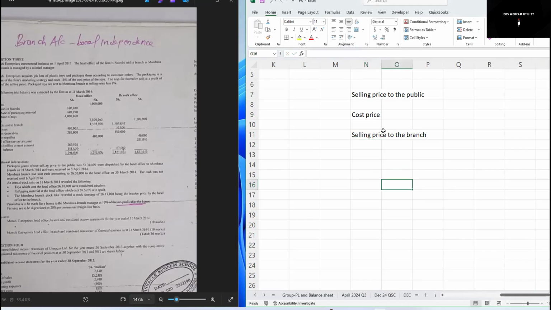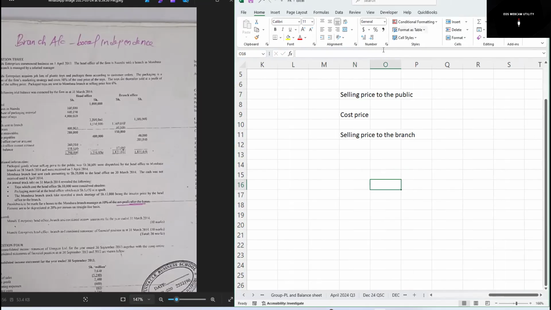So if you look at this question, we've been told that the profit is 12% of the selling price. Let's say the selling price to the public is 100%.